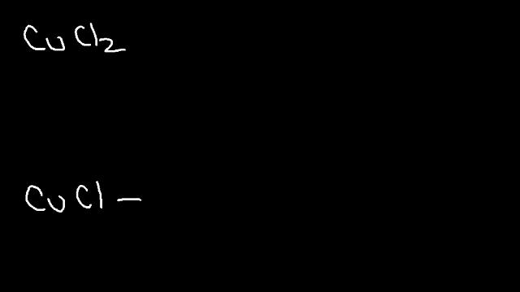Now let's say we have the formula CuCl2 and CuCl. So how would you name these two compounds? CuCl is copper 1 chloride.